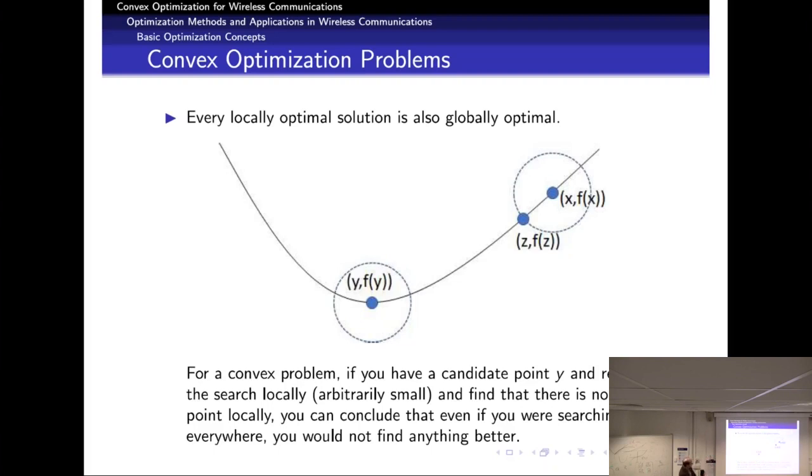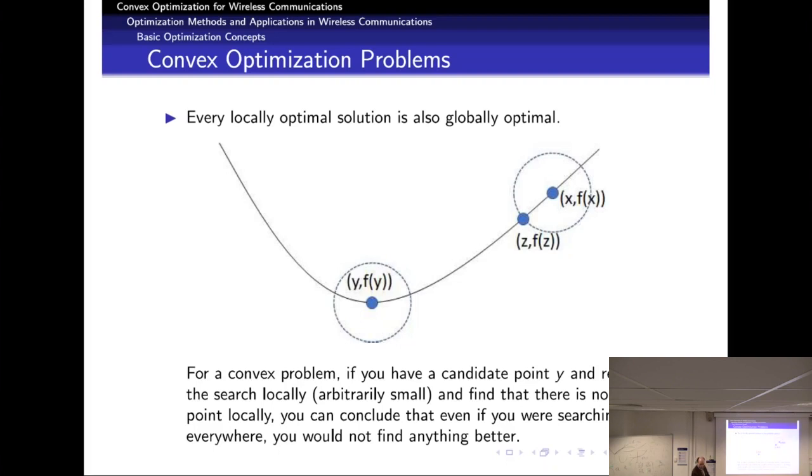The property is that if you have any local optimal solution of your convex problem, this local optimal solution will be a global optimal solution. So this is a very powerful result. So imagine you have a value of x that is here, and your value of f of x is given by this point, and you say, let's look around this area and find whether this point is actually a local optimum.